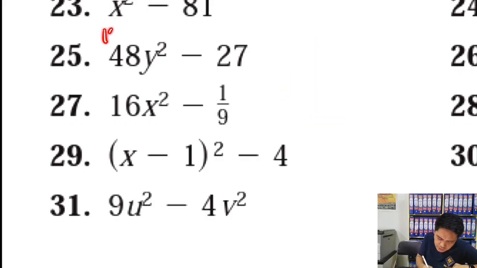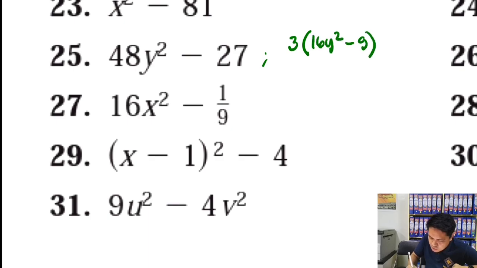So this is 16 times 3. Here, 27 is 3 times 9, right? So 3 is common. So we could factor out 3 here. Right? If we take out 3 here, we could rewrite this as 16y squared minus 9.